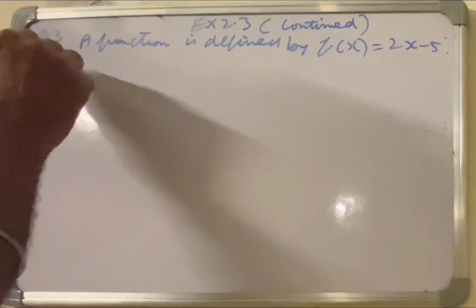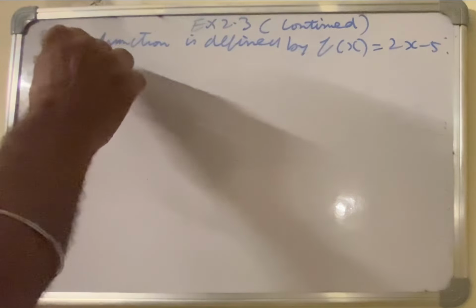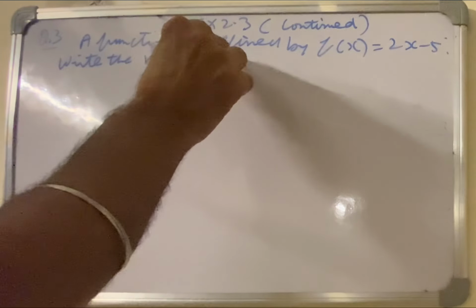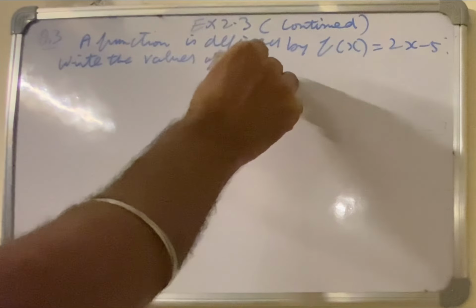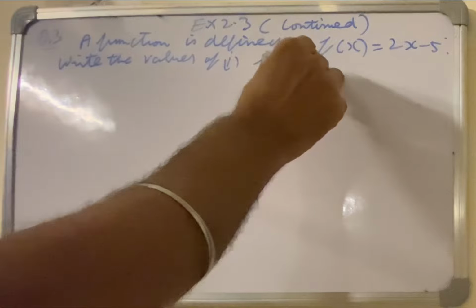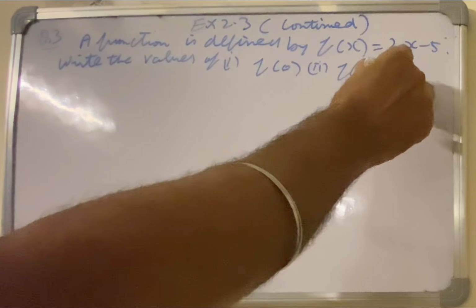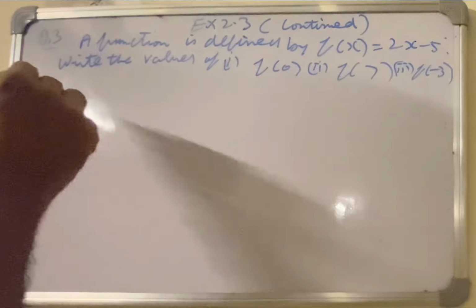Write the values of part 1, f(0), part 2, f(7), part 3, f(minus 3).